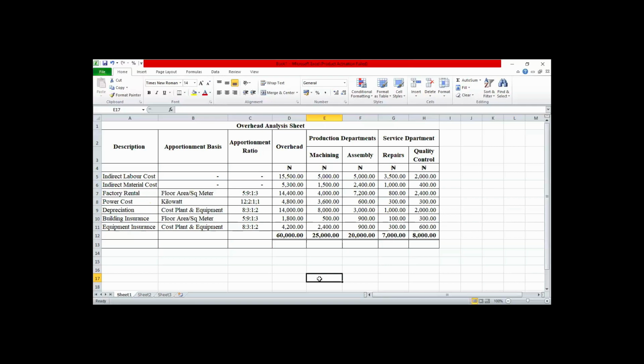My challenges really lie where we will have to reapportion the cost of the service departments, like the secondary apportionment. Yes, when we get to that bridge, we'll cross it. Don't worry. That's the next thing we are looking at. Okay, sir.